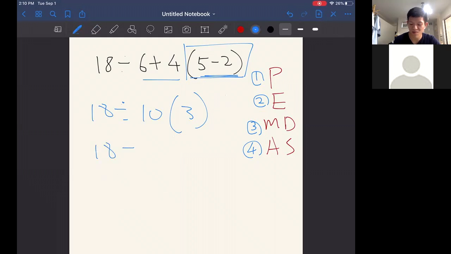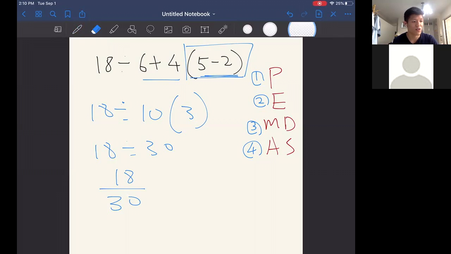Then we have 18 divided by 30. Then we get some weird fraction here, 18 over 30, right? Which is very different from our original answer, right? So we cannot do it any other way except following the order of operation that we have to follow, okay? Now, so that is PEMDAS.